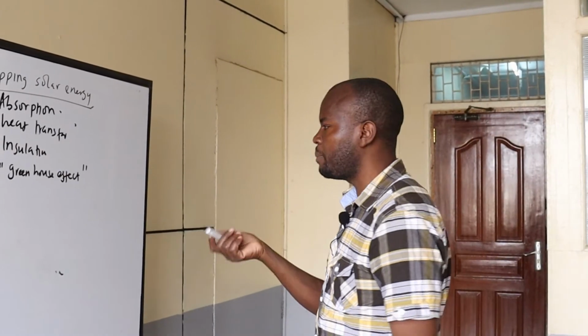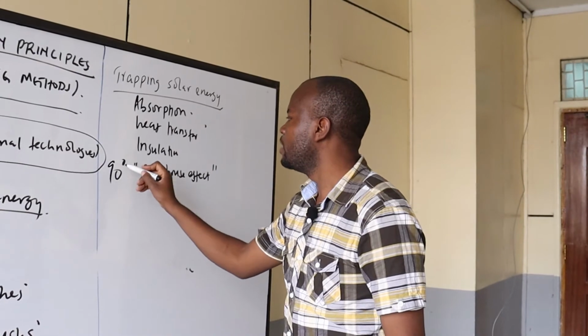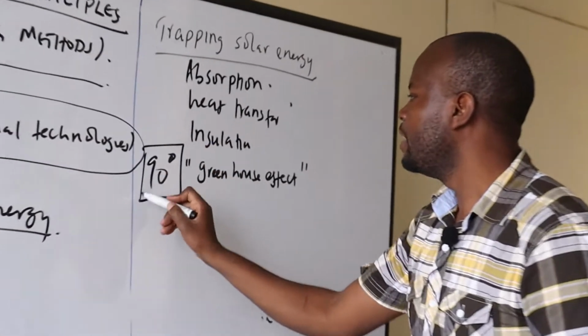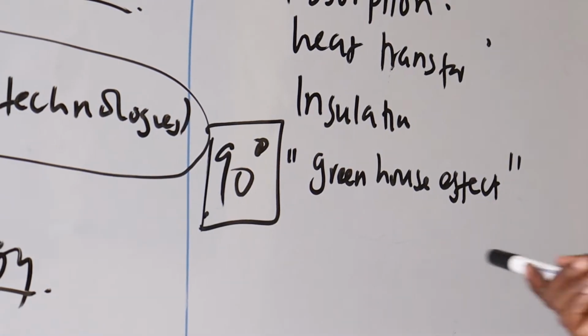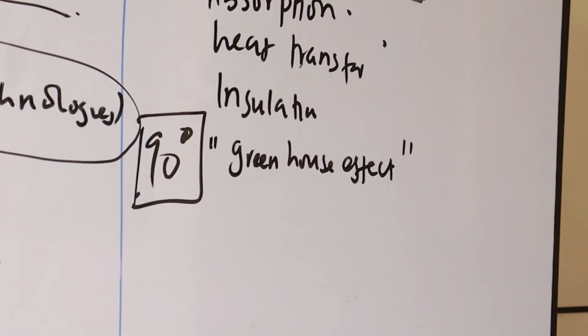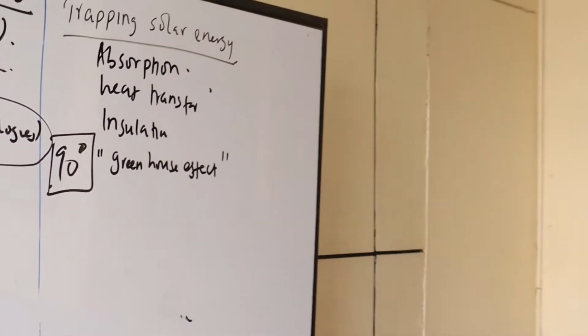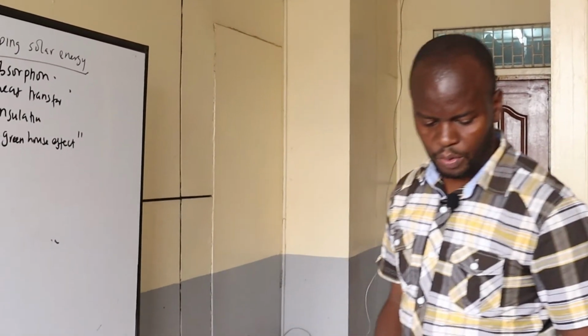You remember that when we talked about the incident angle, we said that the maximum amount is received when it hits a solar device or the material at 90 degrees. That is when we have the maximum, and that is why it depends on the angle.